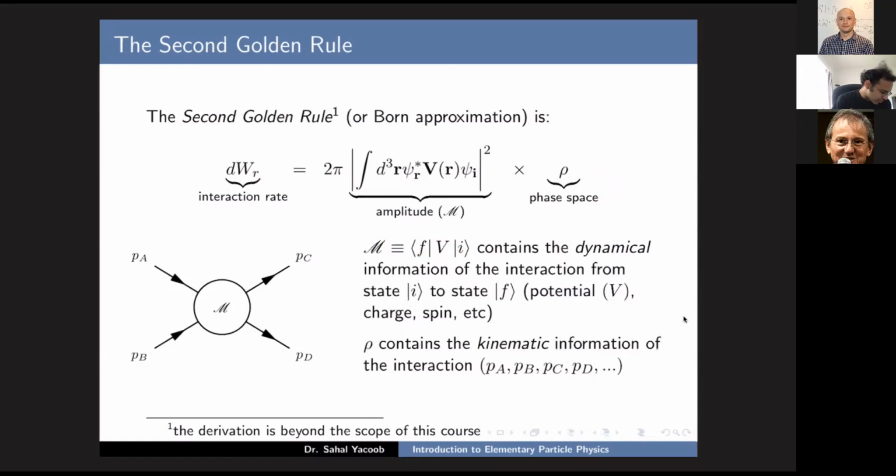Generally, we will describe a system as 2 incoming particles and 2 outgoing particles, with a process happening in the middle. That's a standard thing we're going to stick with. The kinematic information of the interactions is encoded into the 4-momenta of the 4 particles in our system.